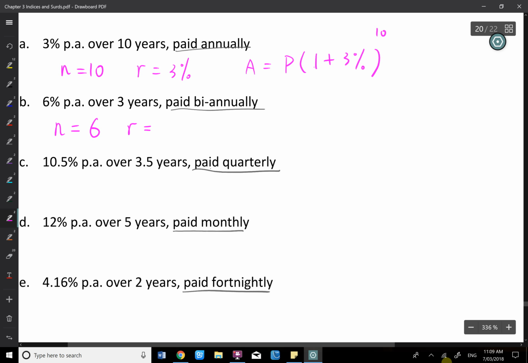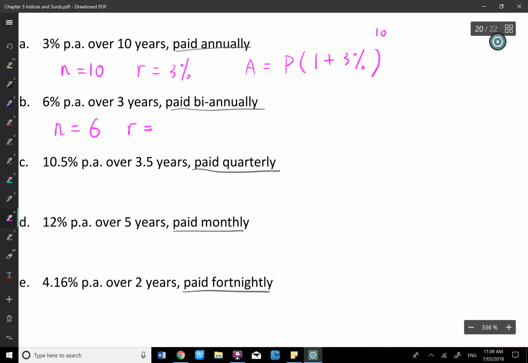Let's think about the interest rate. The interest rate is 6% per year. If you have $100, how much money will you receive in the middle of the year? You save $100 for half a year at an interest rate of 6%. How much will you receive? $3.